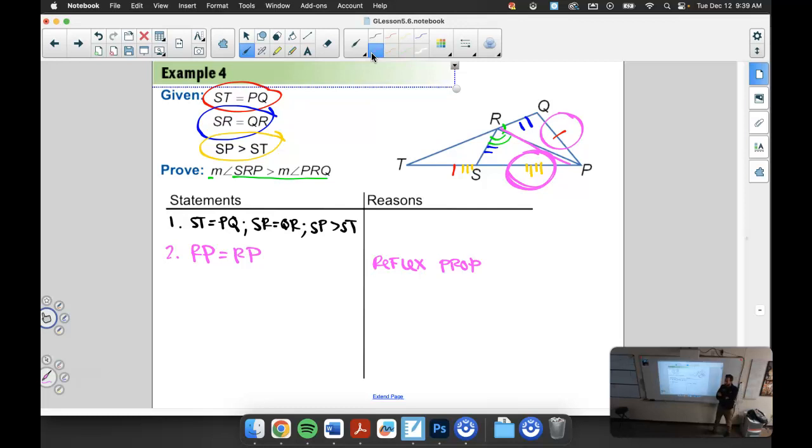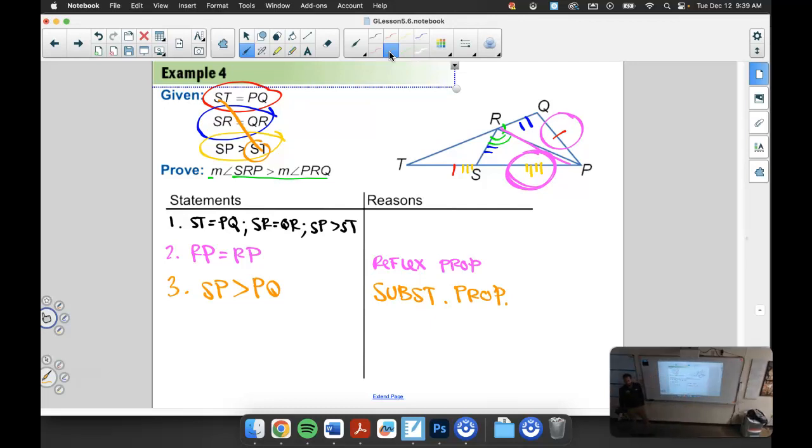Can you use substitution and just say that right away? Because ST is... Yeah, sure. Notice ST is the connecting piece, right? So I can say that SP is greater than PQ because of the substitution property.